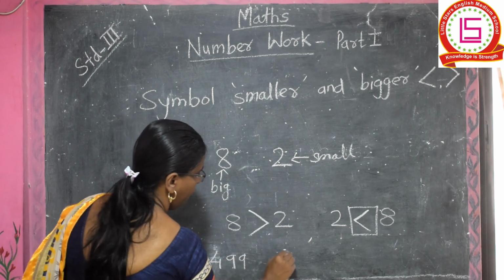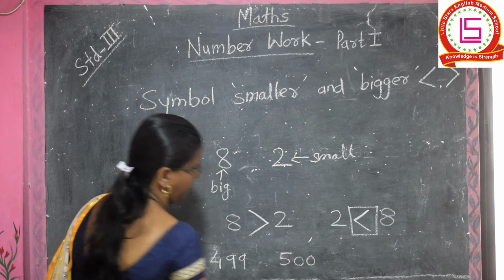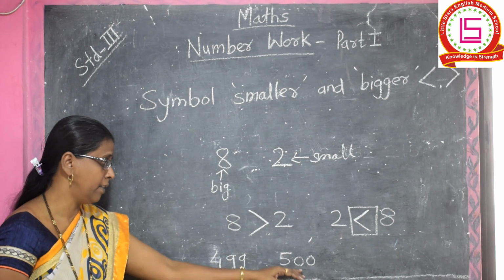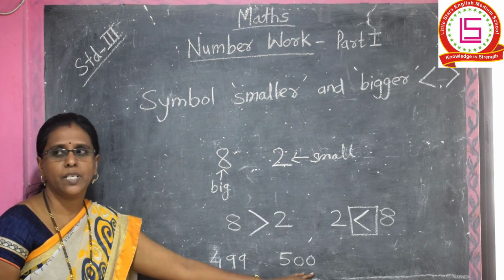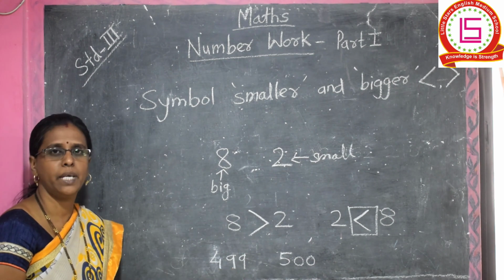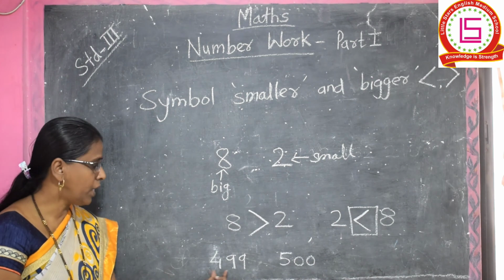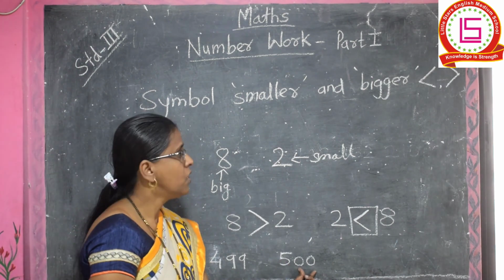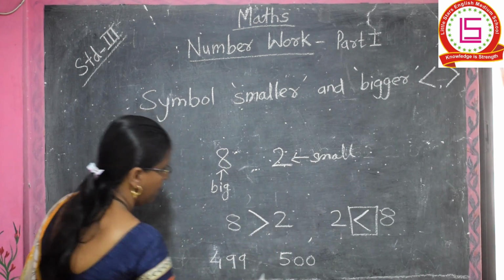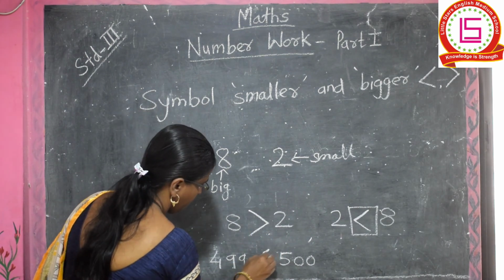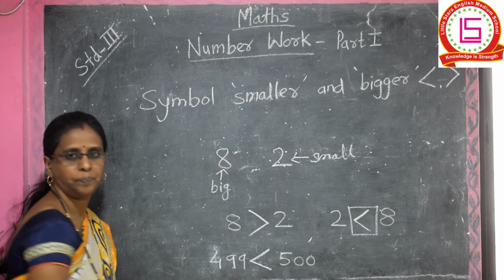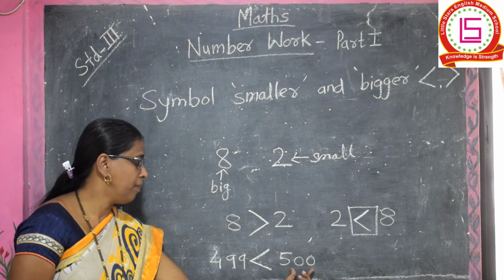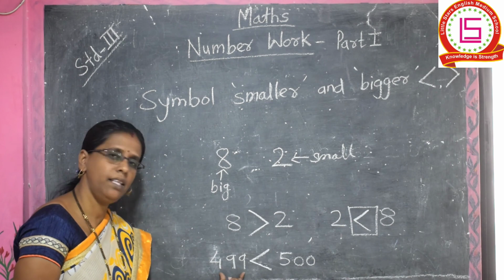Like this you also write for 499 and 500. See here, 499 and 500. In these two numbers, which number is small and which number is big? See here, 499 is small and 500 is big. So we write the less than sign because this number is smaller than this number.